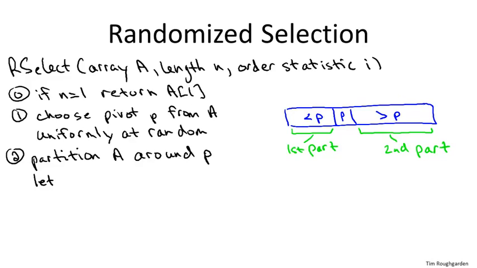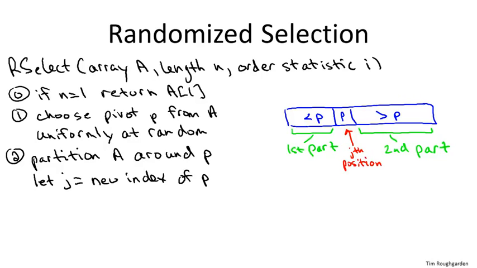Equivalently, we can think of j as defined as the position of the pivot in the partitioned version of the array. Now there's one case which is very unlikely to occur, but we should include it just for completeness. If we're really lucky, then in fact our random pivot just happens to be the order statistic we were looking for. That's when i equals j. We're looking for the ith smallest element. If by dumb luck the pivot winds up being the ith smallest element, we're done. We can just return it. We don't have to recurse.